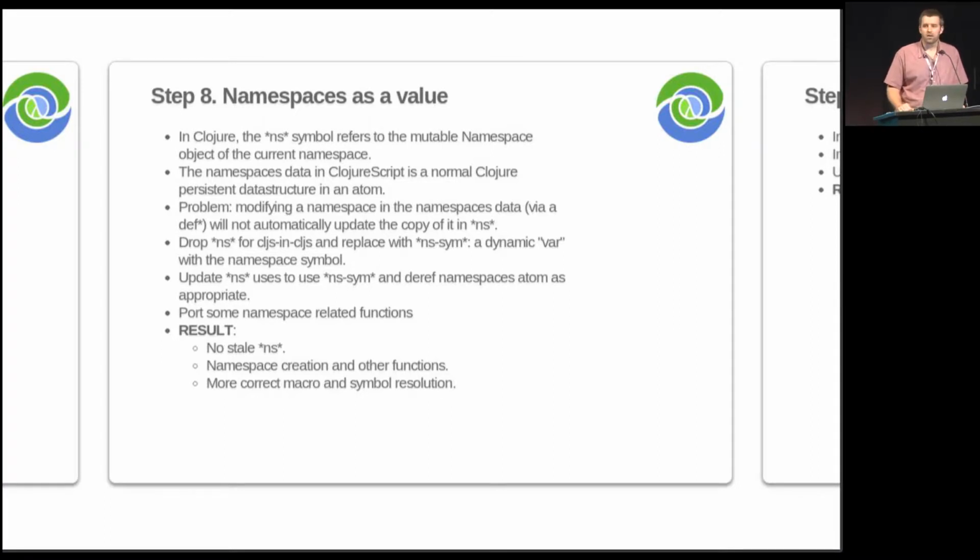And then when you need that data, you actually look it up. So I changed the places where that's used. All right, and that allows some more namespace stuff to work a little more logically.